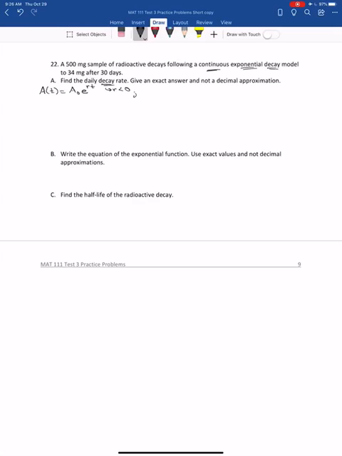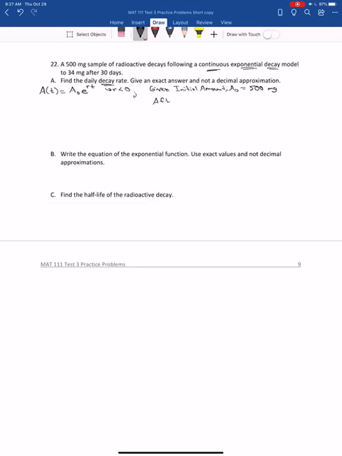Now what are we given in this example? All right, we're given an initial amount. Go ahead and write that up here. A sub 0 equal to 500 milligrams, right? That was our initial amount. And then after 30 days, we were given the amount.